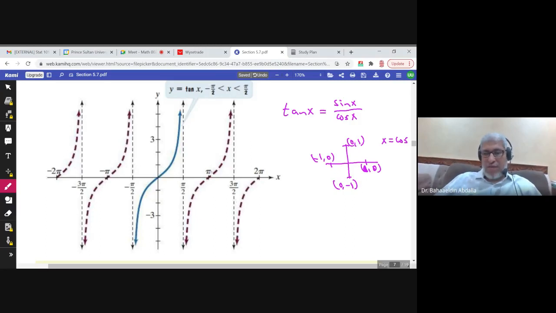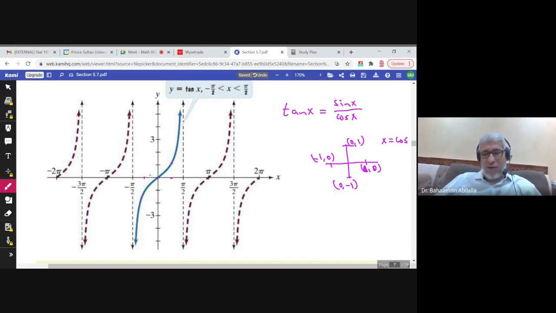So tan x is not defined at these points because cosine at these points is 0, and you cannot divide by 0. Okay, tan 0 is 0, tan pi over 4 is 1, tan negative pi over 4 is negative 1, and then you complete the graph. So this is the graph of tan x.